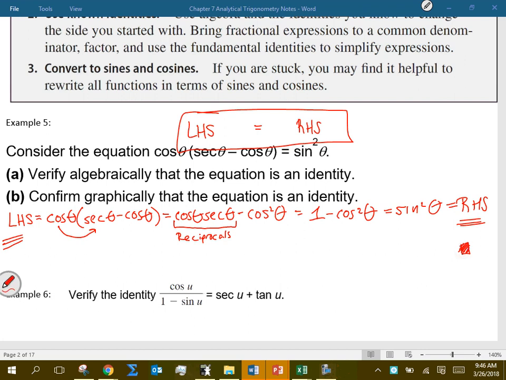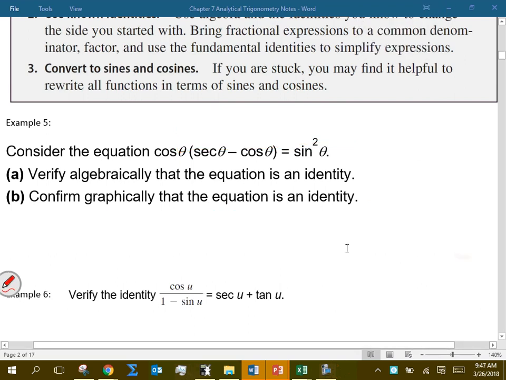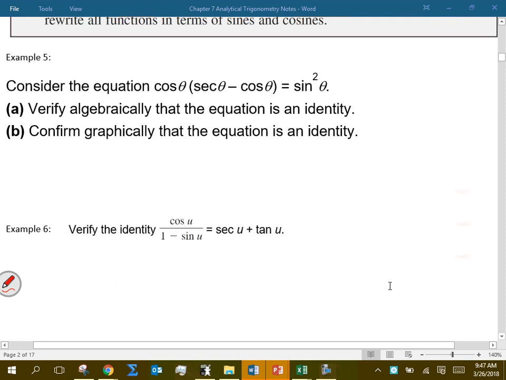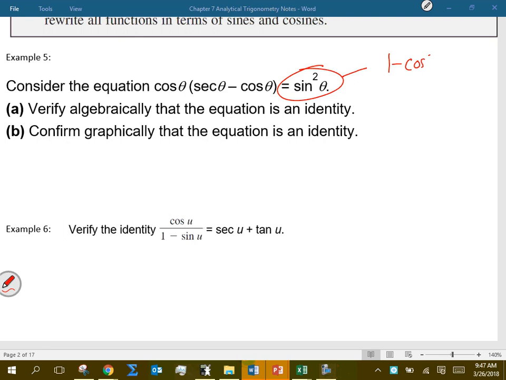All right, so let's do that. Hopefully you realize that I could have started here, but it gets difficult. Sine squared, that's 1 minus cosine squared.